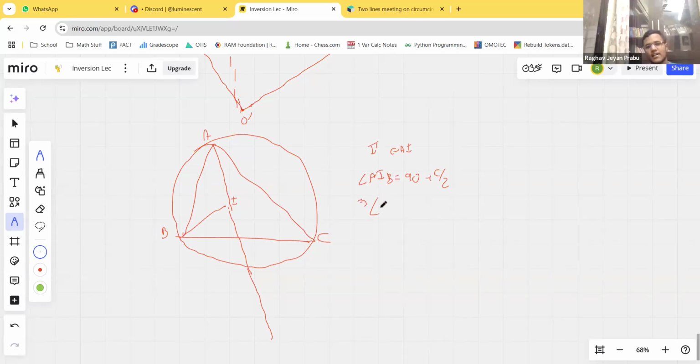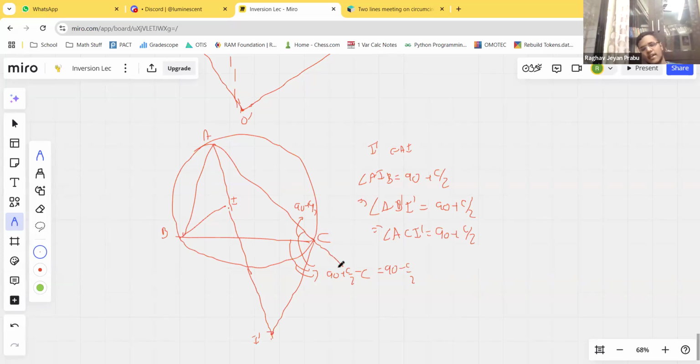So that implies angle AB dash I dash would also be 90 plus C by 2, but B dash is just C. So angle ACI dash is equal to 90 plus C by 2. Right, so if this were to be I dash, then this is 90 plus C by 2, which implies angle BCI dash would be 90 plus C by 2 minus C, which is 90 minus C by 2.